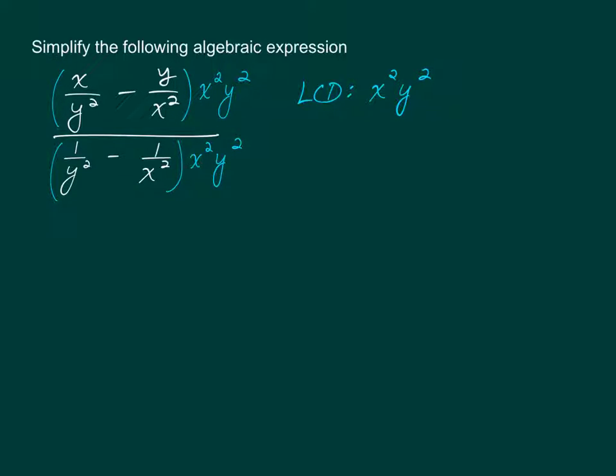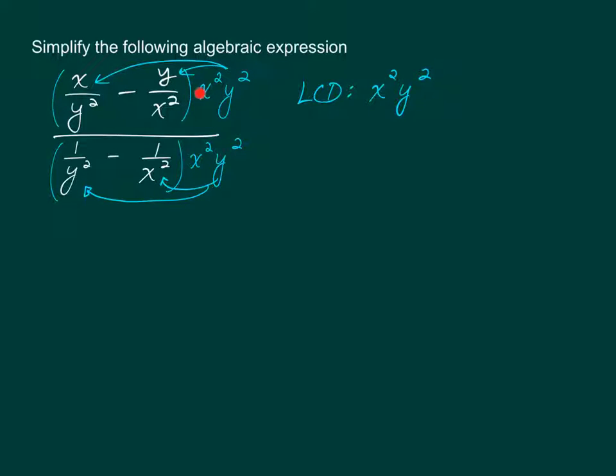Now from here, what will help you a lot and what will get rid of these fractions is distributing this x squared, y squared to each term in the numerator and to each term in the denominator. And the whole point of multiplying the top and bottom by this LCD is to get rid of these tiny little denominators.